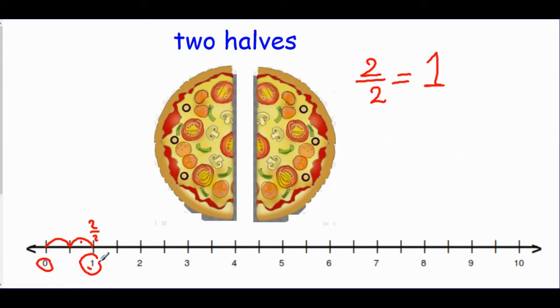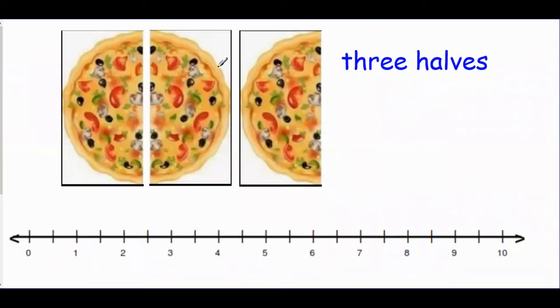Okay, now let's move to three halves. Three halves is like what? Two halves make one whole pizza, and I have one more half. So three halves is written as one whole pizza, because two halves make a whole, and one more half here.